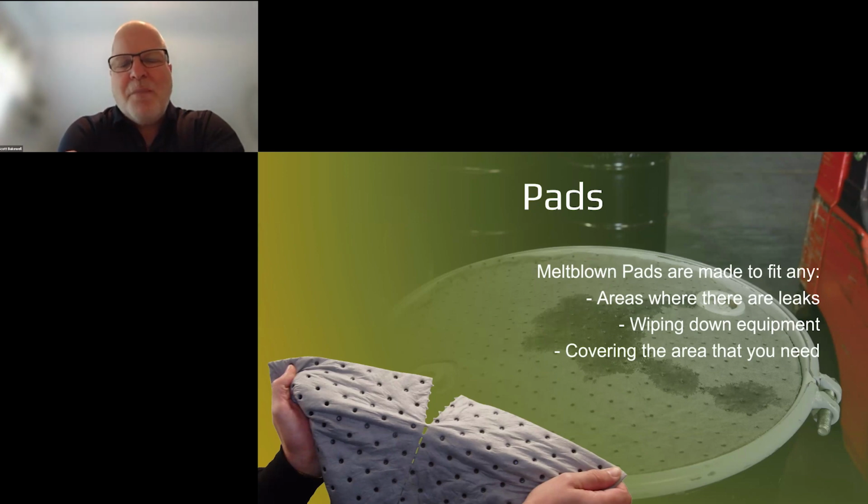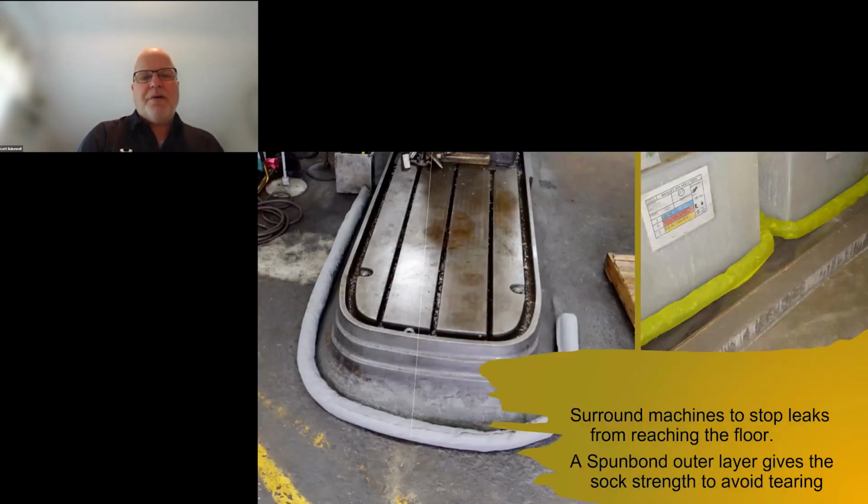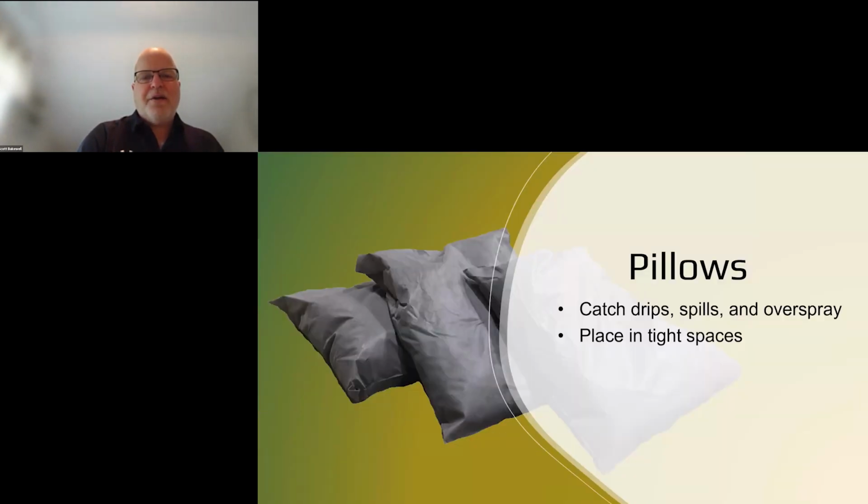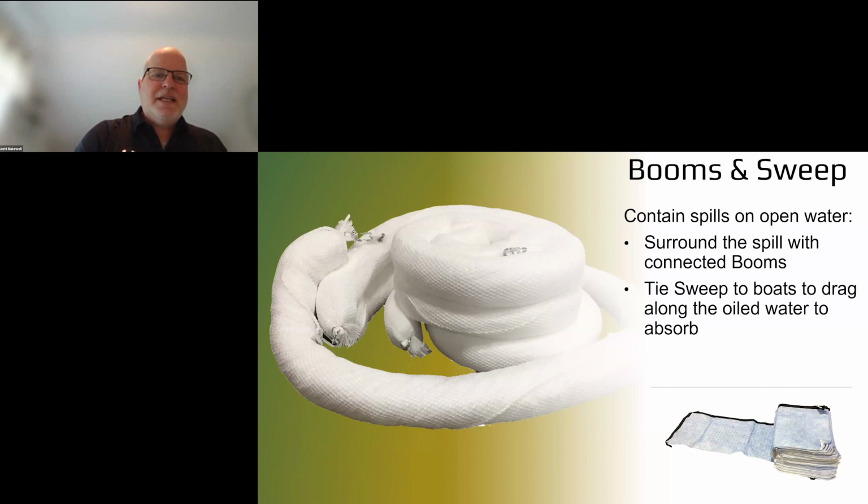So a boom is typically a product that is used to skim oil from water. So in cases where it may be a spill on water, you'll see boom like this clipped together to contain oil to one area. It's usually light sheen that's on top of water. It's going to pick it up, absorb it, and then they move on.